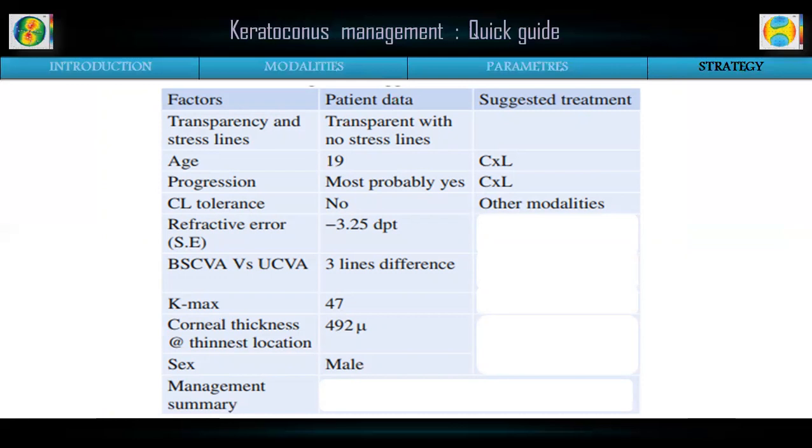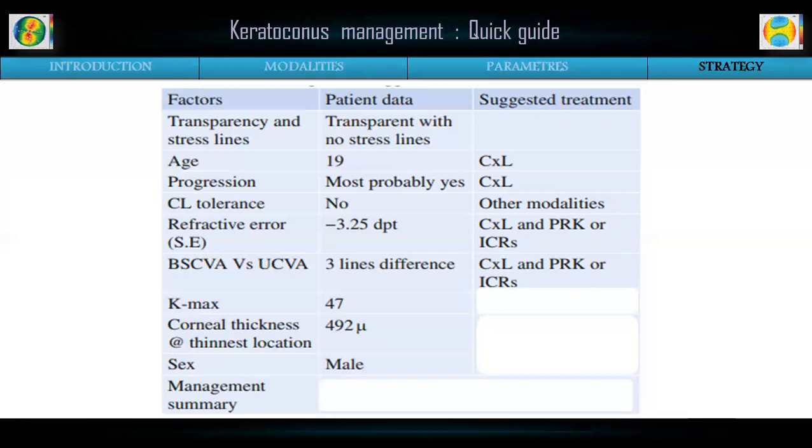For the refractive error, spherical equivalent, we have -3.25 diopters, so we can suggest for him cross-linking or PRK or intracorneal rings. The difference between best corrected and uncorrected is 3 lines, more than 2. So we can suggest for him cross-linking, PRK, or intracorneal rings.